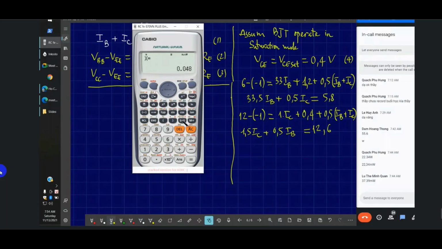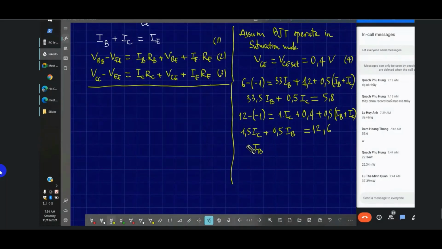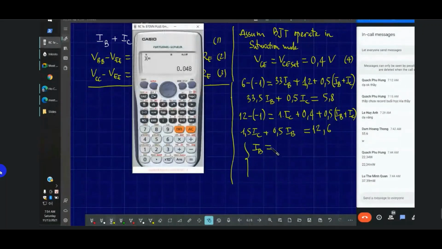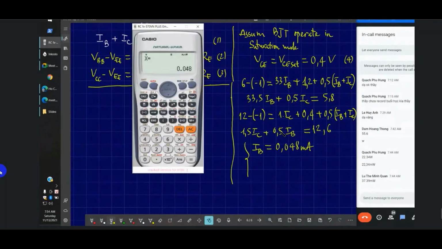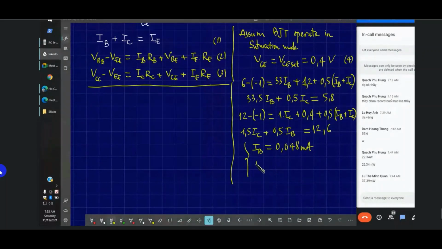So my IB should be 0.048 milliampere. Remember I put the values for kilo ohms, so I got my result as milliampere. The next result should be 8.384 milliampere. And then we have to check whether this result is acceptable or not.